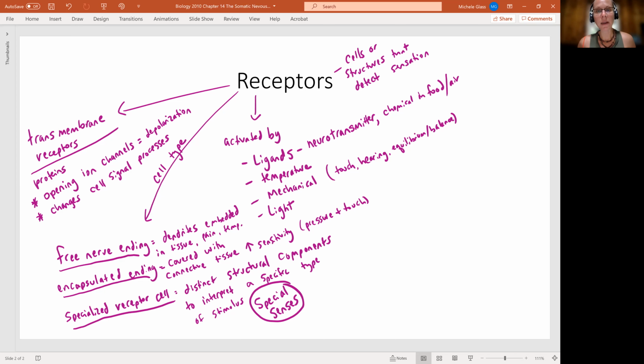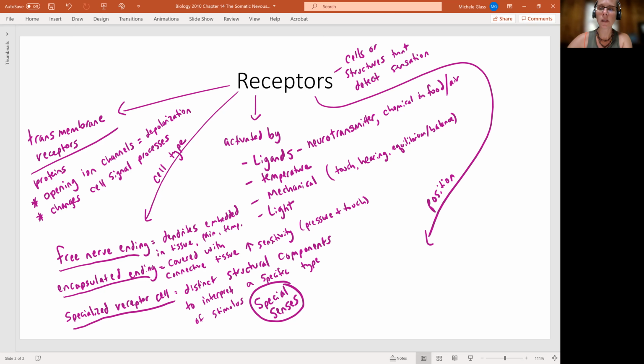Okay, when we talk about receptors, we can also talk about them in terms of their classification by position. And so here we have three. We have what's called the exteroceptor. We have what's called the interoceptor. And then we have what's called the proprioceptor.